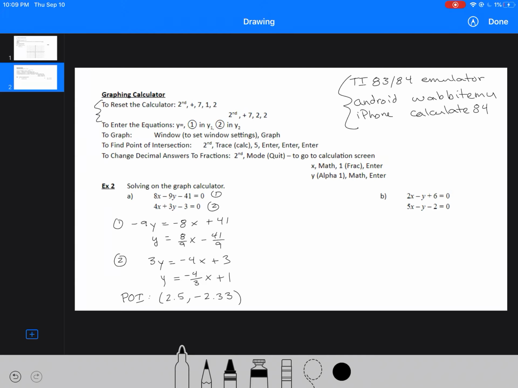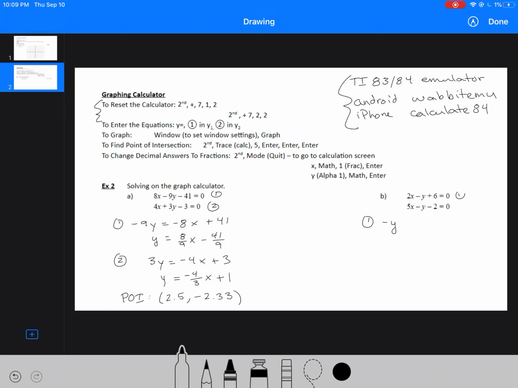I'll link a video probably in Brightspace so that you can see the screenshot of me using the graphing calculator, so you can see what pops up after each step. Okay, but I'll show you the solution to the second one too. So the first thing is that you want to rearrange into y equals mx plus b.